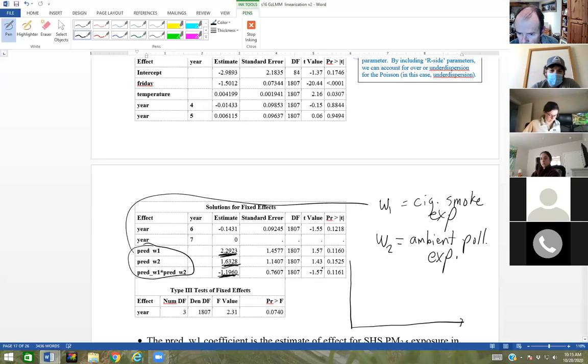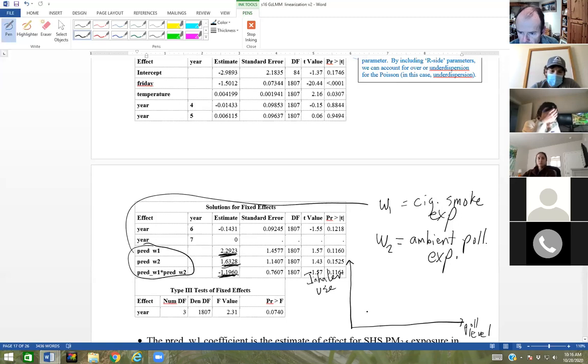So this is our outcome, inhaler use. And this is pollutant level. So you can think of it conditioning on one or the other one, but let's say we're conditioning on cigarette smoke exposure.